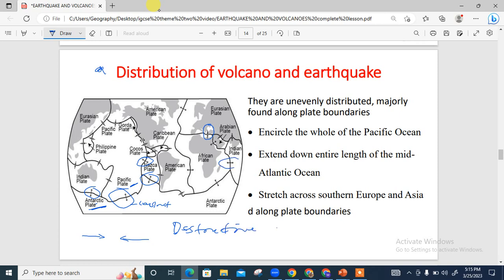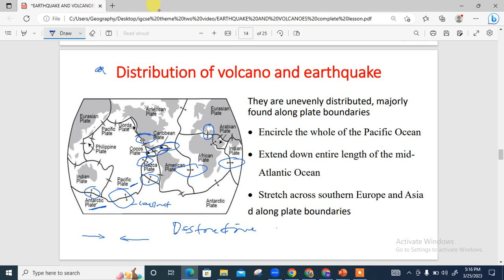This is constructive. Okay, this will be destructive. I can't find any that are moving side by side each other, but I'm just trying to let you know how it works. Okay, here is a conservative plate. You can see it. So you should be able to identify the type of plate boundary using the arrows. That's how this type of question comes out.